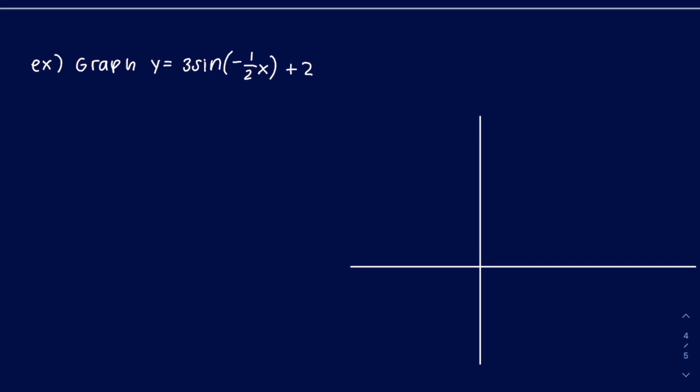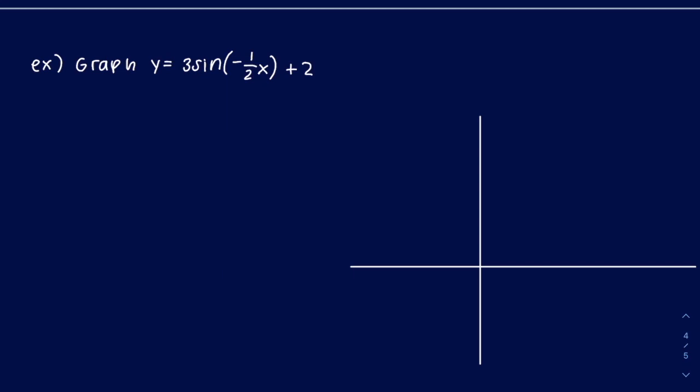Okay, let's move on to a more complicated example. So here we have y is equal to 3 times sine negative 1/2 x plus 2. So the first red flag, sort of, is that there is a negative inside of the function. That is not ideal. You want to take out all negatives inside of the parentheses. So here we have a sine function.